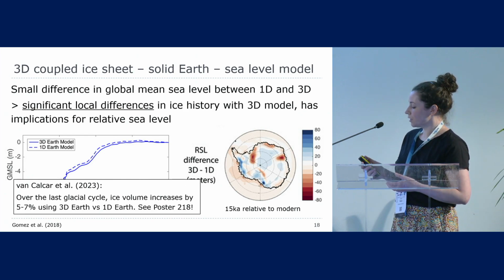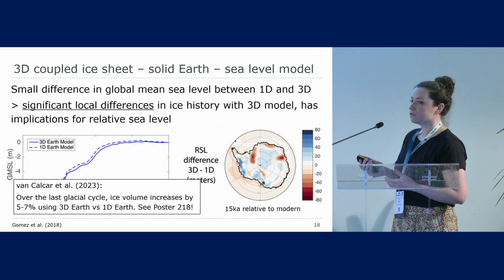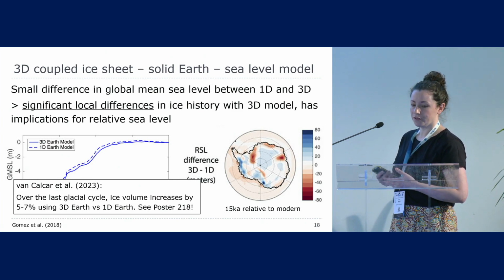There's also another 3D coupled model that's just been published from Caroline van Calcar, and that paper states that over the last glacial cycle, ice volume increases by 5 to 7% using a 3D Earth compared with a 1D Earth. Caroline's got a poster up this week, so do go and see her for further information.